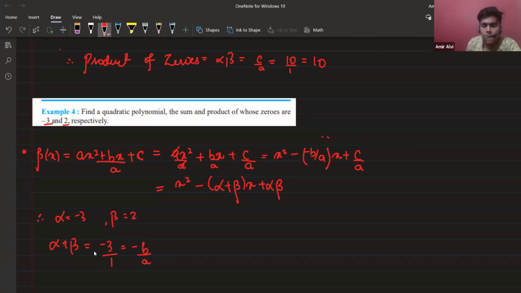Alpha into beta, which is 2, is equal to c by a.